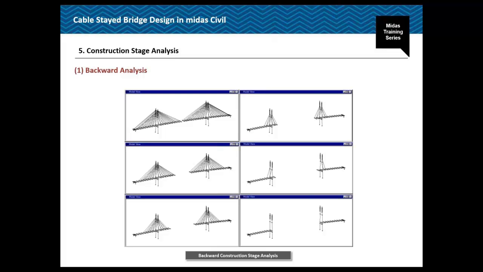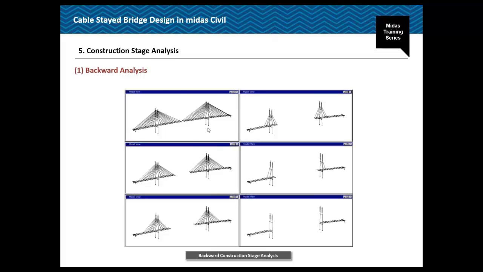Forward analysis reflects the real construction sequence, whereas backward analysis, just like this figure, is performed from the state of the finally complete structure for which initial equilibrium state is determined, just like the last time we checked. And then each of the elements and loads are eliminated in the reverse sequence to the real construction sequence.